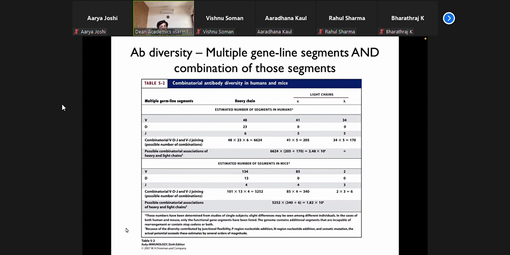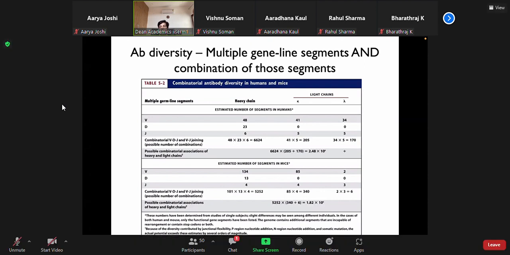Excuse me, sir. Yeah. Sir, could you please explain once again why we are adding kappa and lambda light chains? Yeah. So who is going to explain? Rahul. Rahul Sharma, I can see this name in the participants. Can you explain? Or you basically logged in and then you're not seen?